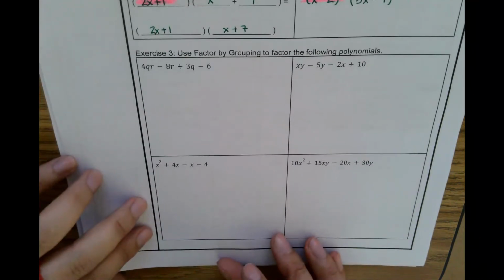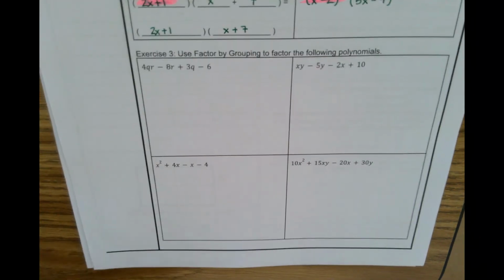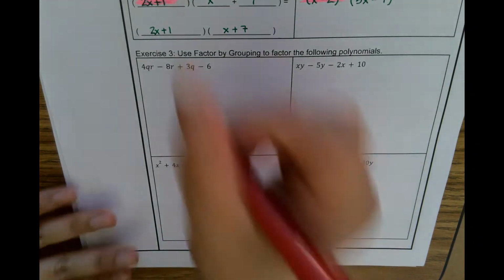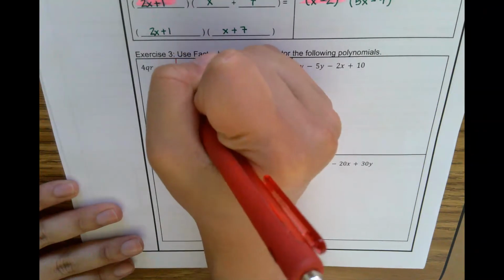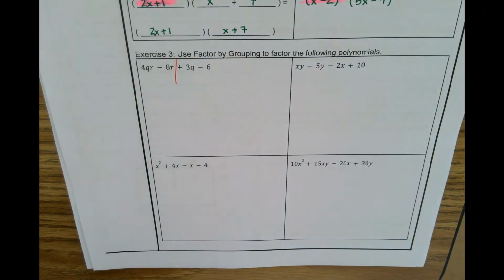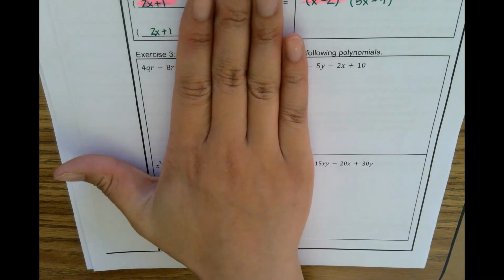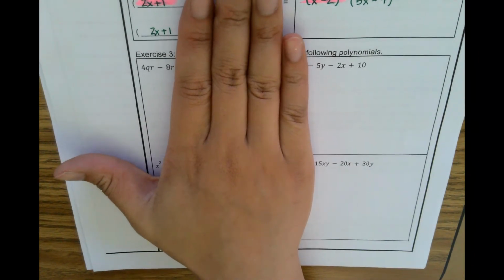Here I have 4qr minus 8r plus 3q minus 6. The first thing I'm going to do is group the terms into a first half and a second half. I just like to cut it, so it's easier for me to see. If you don't want to, that is fine. Then I'm going to look at the first half, 4qr minus 8r. What do they have in common?